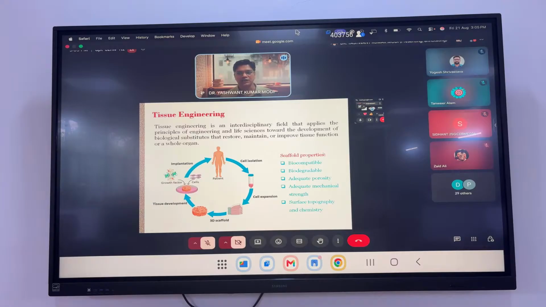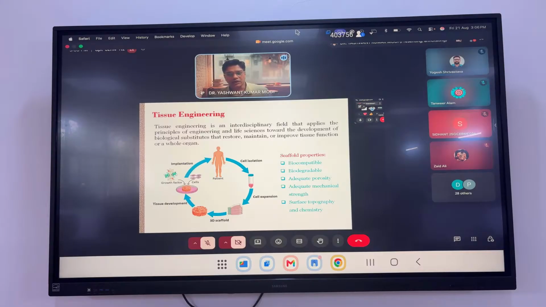Scaffolds must have certain properties: they must be biocompatible, biodegradable, they must have adequate porosity, adequate mechanical strength, and suitable surface topography and chemistry. Because we are actually implanting this scaffold inside the human body, it must be biocompatible. Biocompatibility is very much important. Biodegradability may or may not be required.